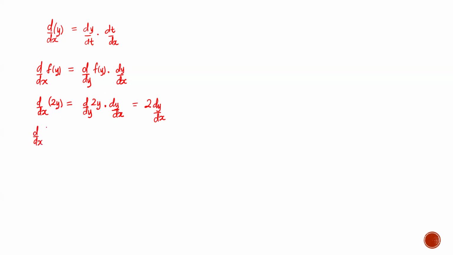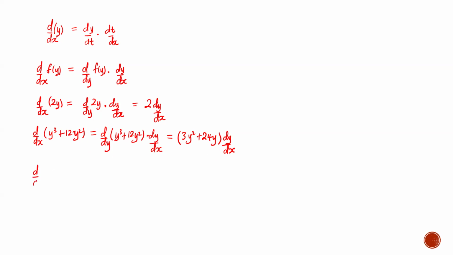How about the derivative of a function, let's say y cubed plus 12y squared, with respect to x? This would be the derivative of that function first with respect to y, then multiplied by dy/dx. This is going to be (3y squared plus 24y) multiplied by dy/dx, and that would be the derivative of that function with respect to x.